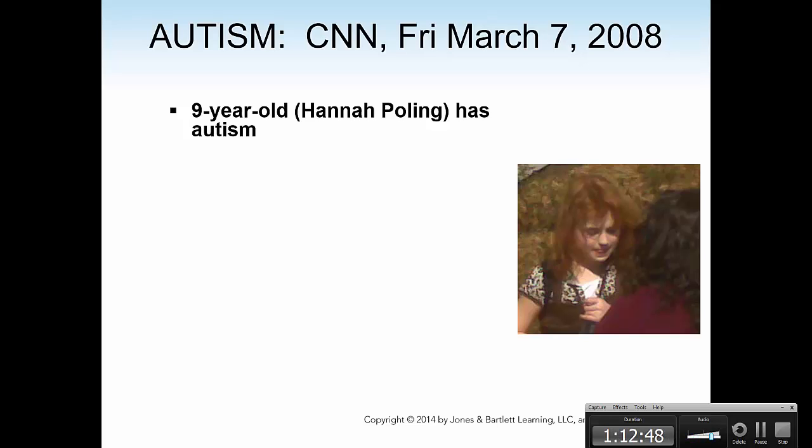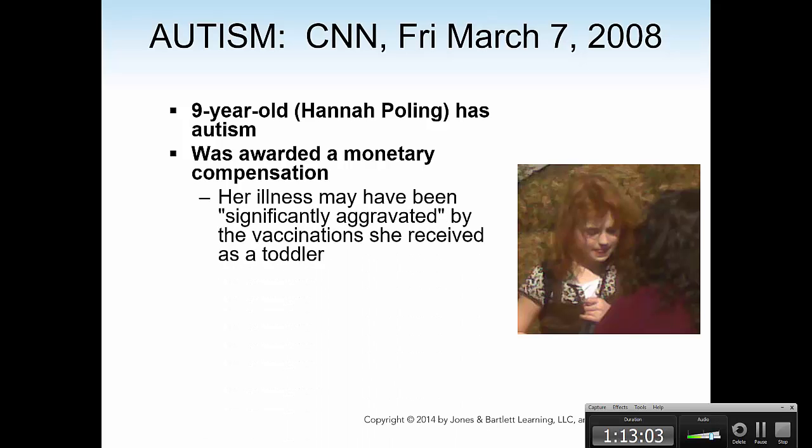Okay. There was even a young girl, 9-year-old Hannah Poling. She had autism, and she and her family were awarded a very large monetary compensation, which I can't really say was bad. I'm glad for her and her family. But here is the thing. The reason they gave her the money, they could not find a causal relationship.